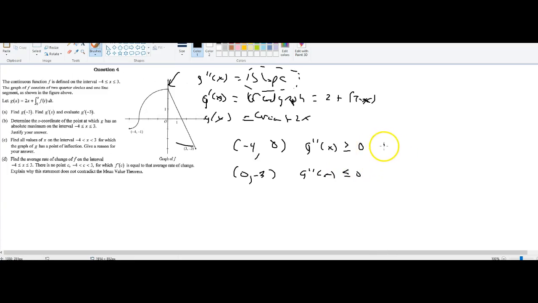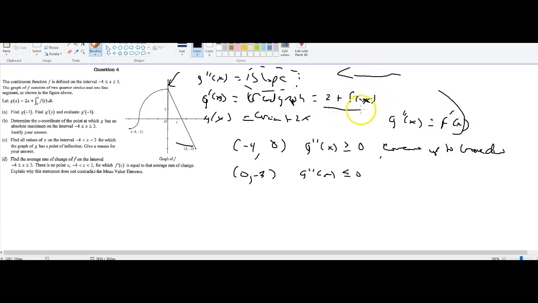Therefore, it goes from concave up to concave down. I'd also bother to show that I took the derivative: g double prime of x is equal to f prime of x, right? Because the 2 gets dropped. You take this and take the derivative. I would do that.